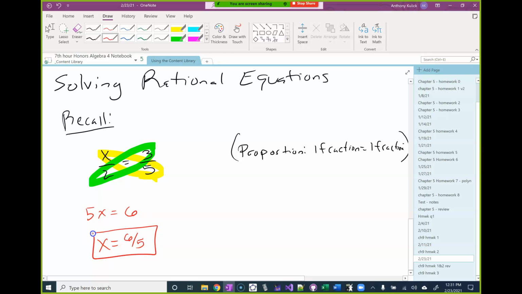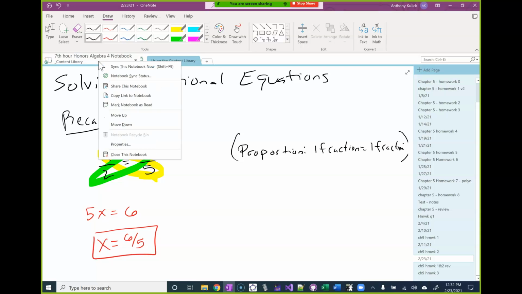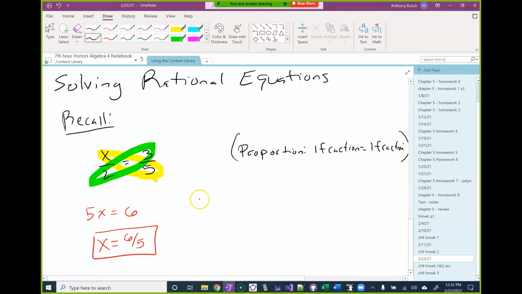We have just one fraction equal to one fraction. So we can still just do the same thing. So far so good. Now to solve, multiply everything out.